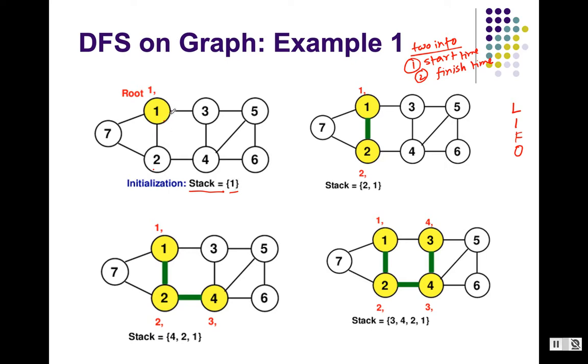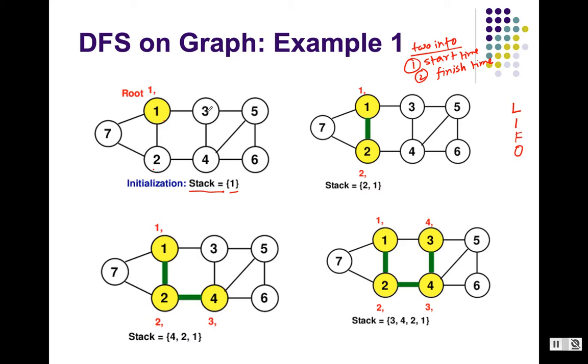Now, how many neighbor nodes does 1 have? 1 has a couple of neighbor nodes: 7, 2, 3. Whichever neighbor node we visit first, our DFS tree can look different.